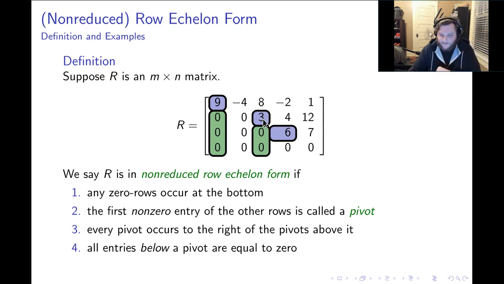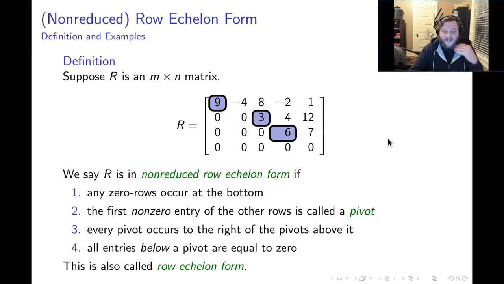That's great. And then finally, our third pivot is equal to 6, but that's fine. There are non-zero entries above it, but that's also fine. The only entry below it is equal to 0, so that works. So all entries below pivots here are equal to 0. Now that's all the axioms. This matrix is in row echelon form.